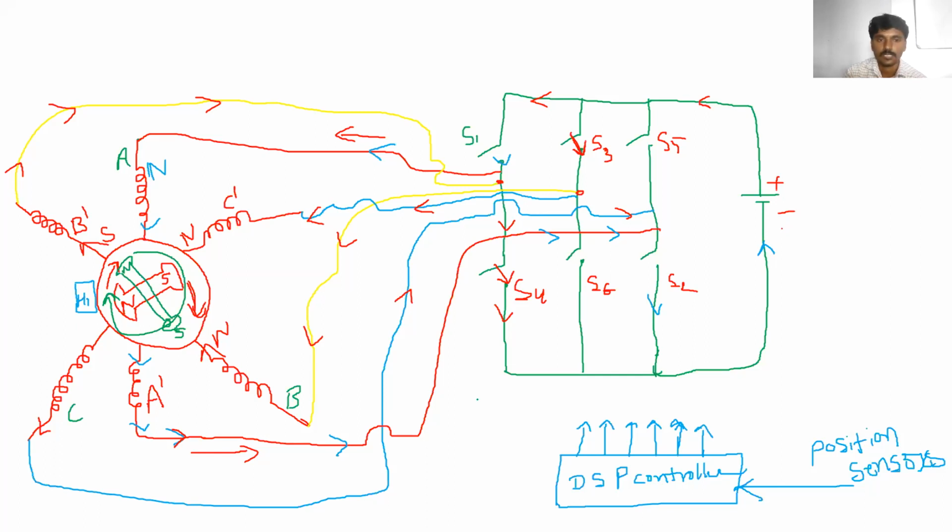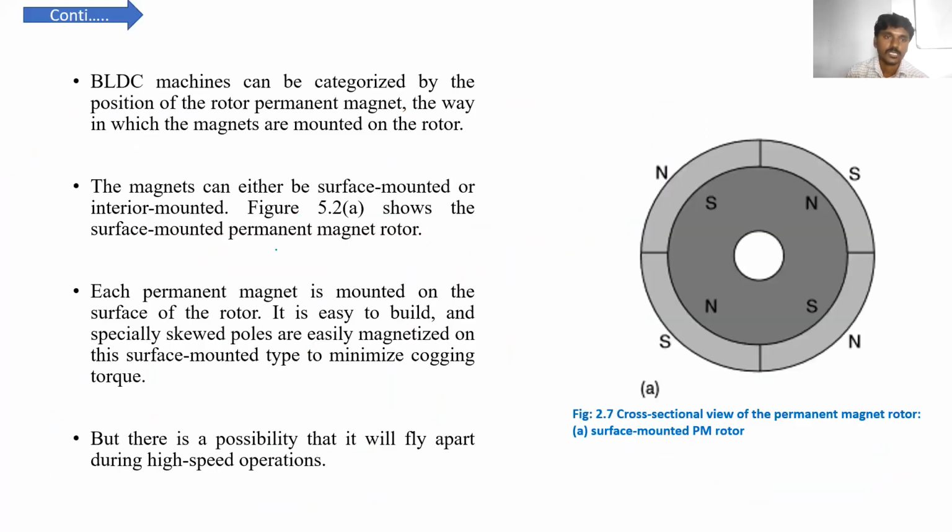Clear? Next. Brushless DC machines can be categorized by the position of the rotor magnets. How do we classify induction motors?